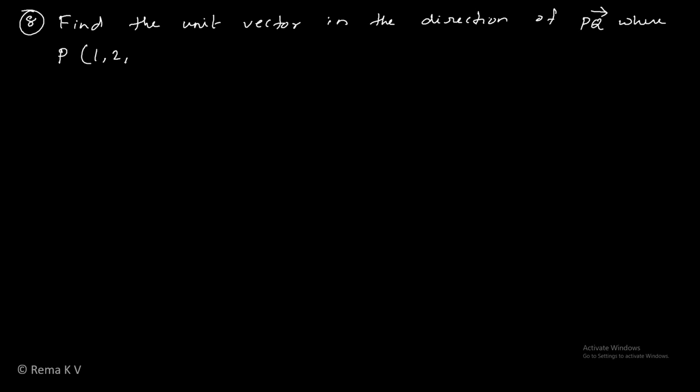P is 1, 2, 3 and the point Q is 4, 5, 6. So first you have to write the vector PQ.